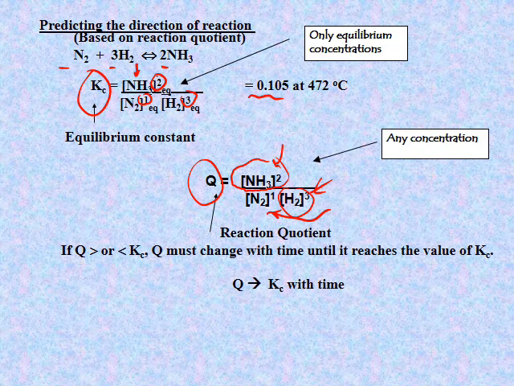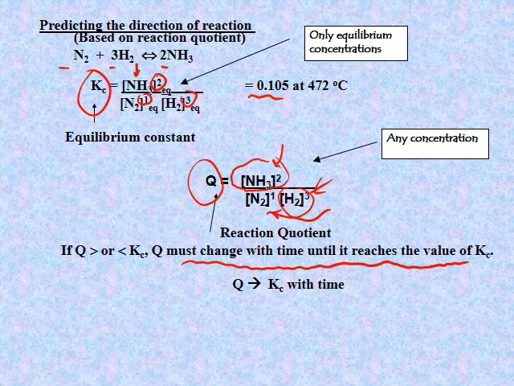Now this allows us to predict how this reaction is going to proceed if Q value we begin with is greater than equilibrium constant or less than equilibrium constant. But we know for sure that Q must change with time until it reaches the value of equilibrium constant or reaches equilibrium.